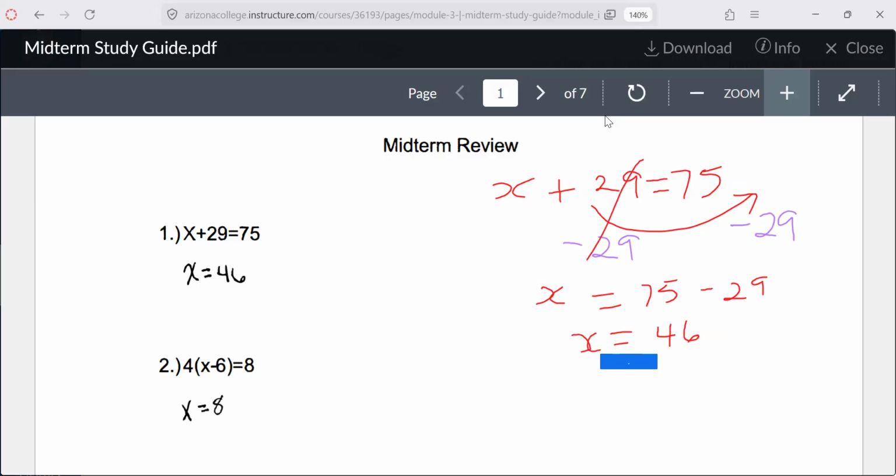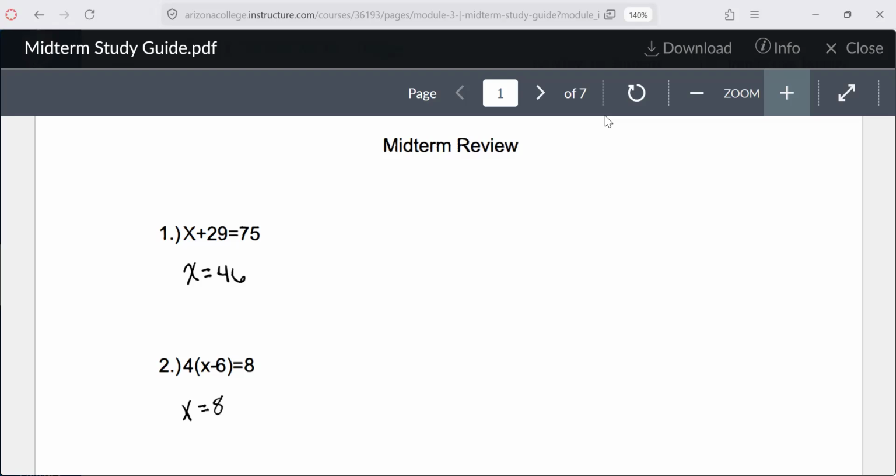All right. Number two. In number two, we've got 4 times x minus 6 equals 8. So, first of all, because the 4 is multiplying everything in the parentheses, we're going to apply the distributive property and multiply 4 by the x and then also by the 6.